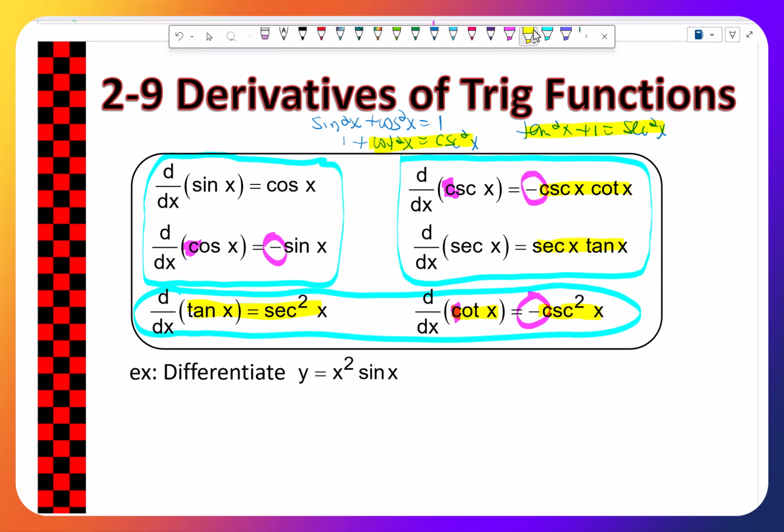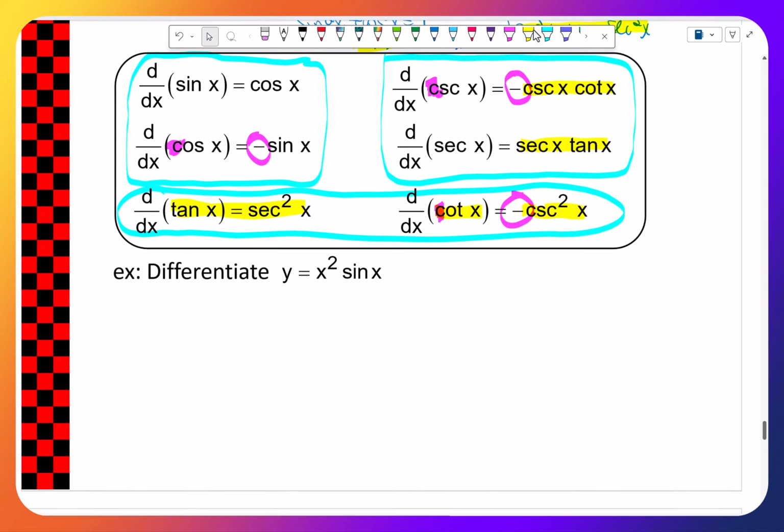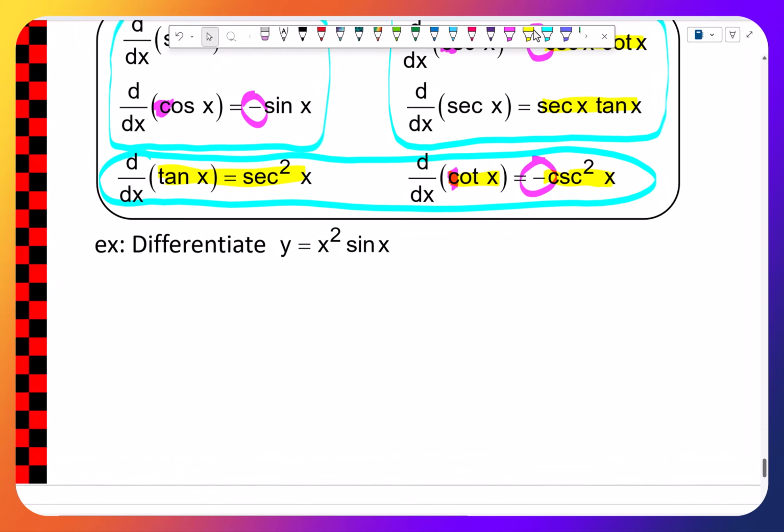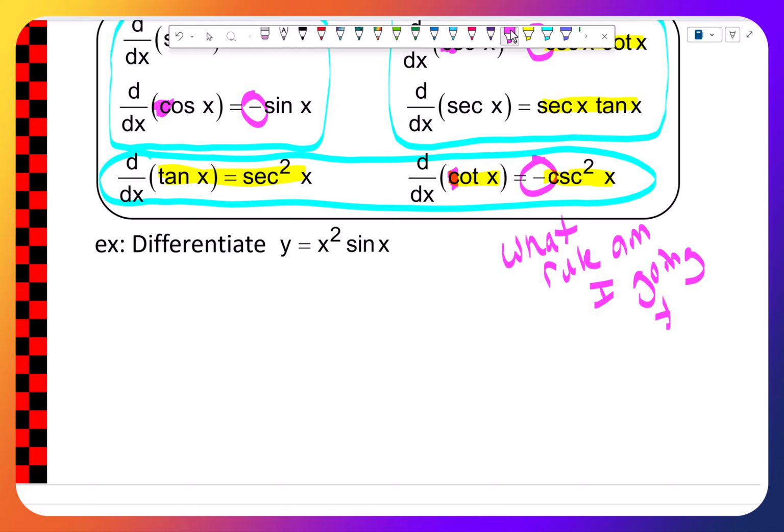All right, so now let's work on some derivatives. And as we do derivatives, the question that I want you to ask yourself is, what rule am I going to use every time? What rule am I going to use? Why do I say this?